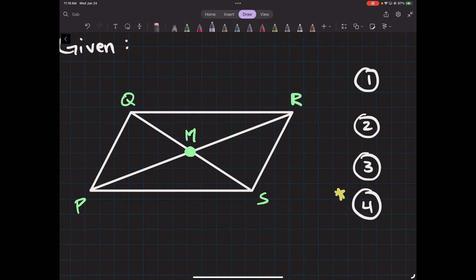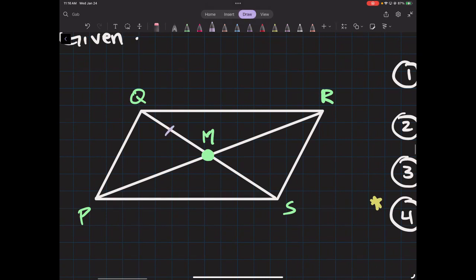But basically, whenever you have a parallelogram and you have two diagonals crossing each other, they bisect each other. Okay, do you guys remember what bisecting means? Cut in half, split in half, cut through the middle. Okay, so that means QM and MS are congruent.